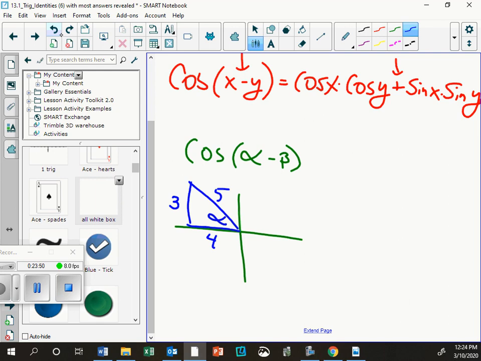All right, now I'm going to tell you what beta is. Beta is down here in the third quadrant. That's angle beta. And let's say this is a completely different right triangle.